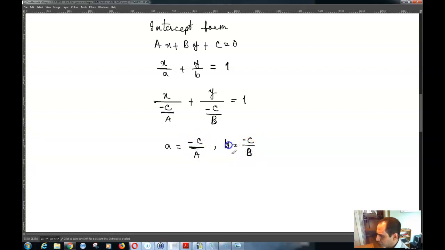So this becomes your x-intercept, and this becomes your y-intercept.